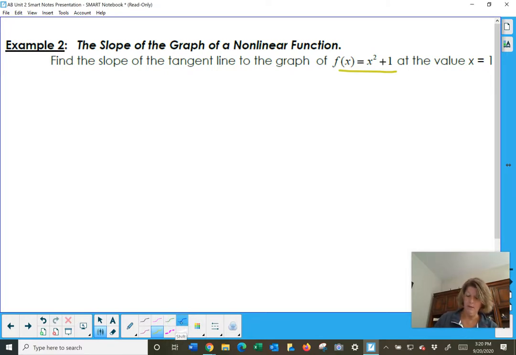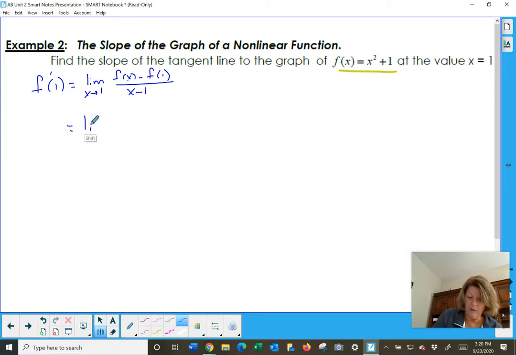Okay, so we're going to proceed just like we did. We're going to talk about f prime of 1 being the limit as x approaches c, so x approaches 1, of (f of x minus f of 1) over (x minus 1).